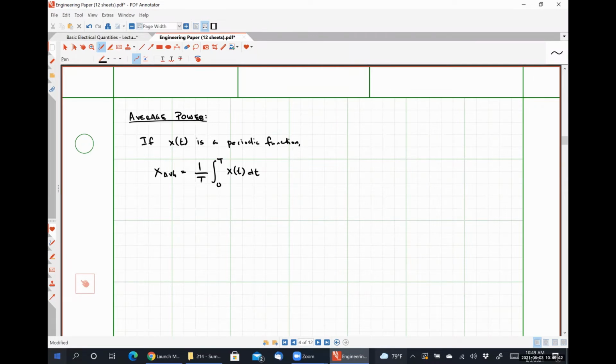So our instantaneous power is a periodic signal.